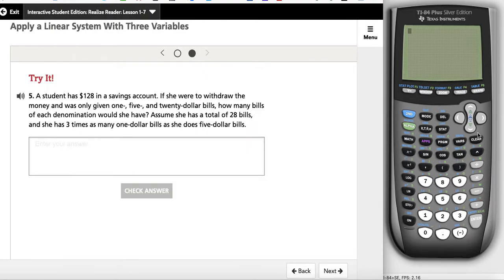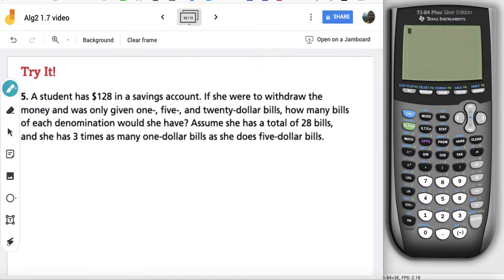All right, let's try another one where I'm going to use my graphing calculator. This question is actually repeated right here. A student has $128 in a savings account. If she were to withdraw the money and was given one, $5, and $20 bills, how many bills of each denomination would she have? Assume she has a total 28 bills, and she has 3 times as many $1 bills as she does $5 bills.